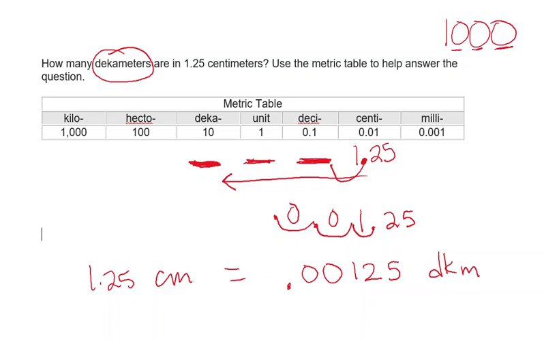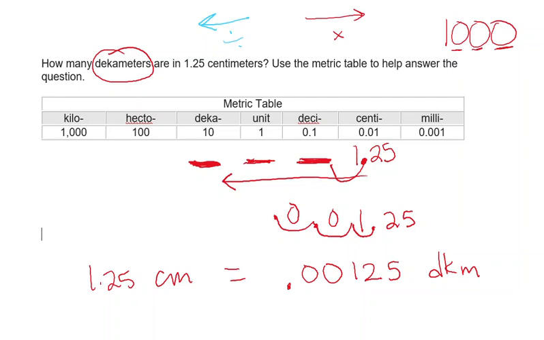So we divided by 1,000. So when we're moving to the left, that's division. When we're moving to the right, we would be multiplying.